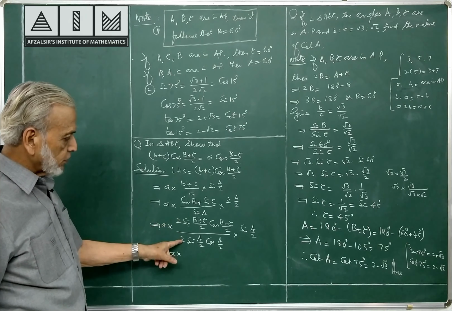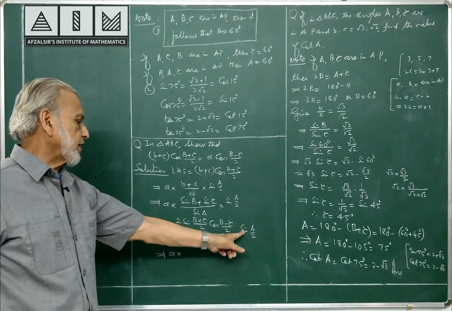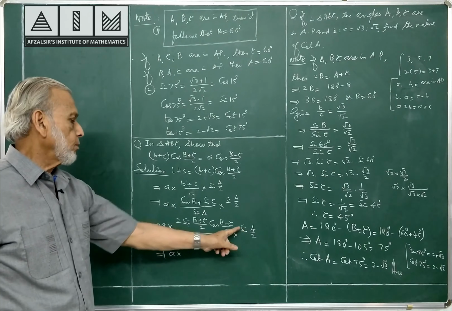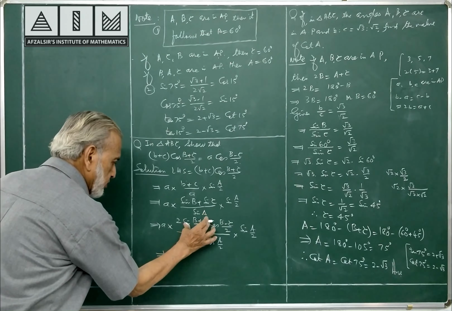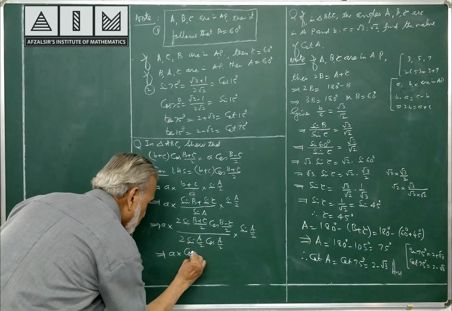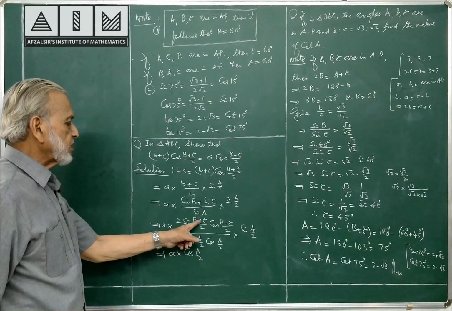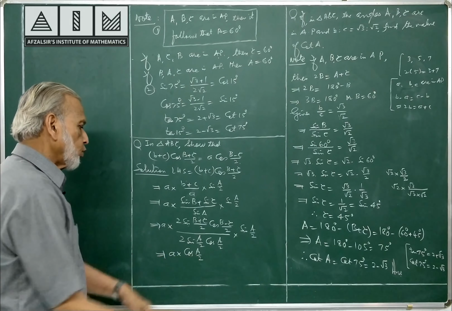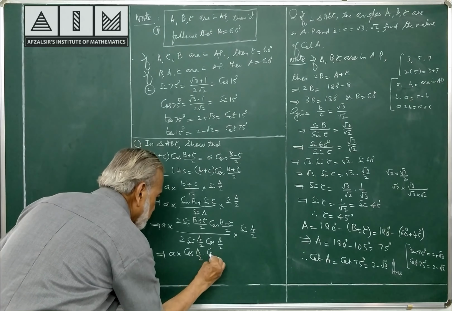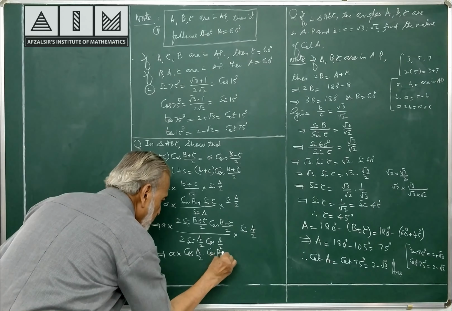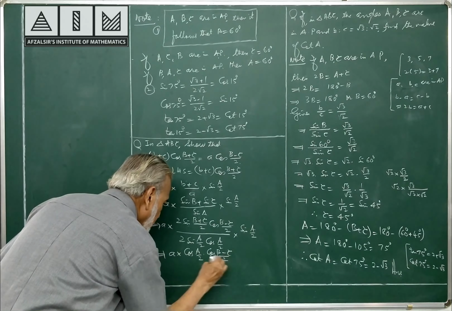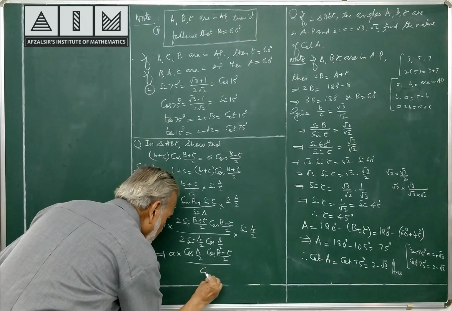This 2 will cancel this 2, this sin A by 2 will cancel this sin A by 2, and sin (B plus C by 2) is being written as cos A by 2. Cos (B minus C by 2) remains as it is, by cos A by 2.